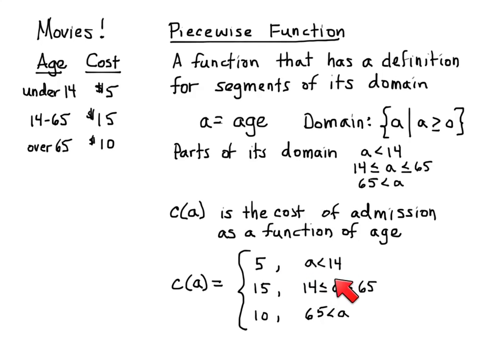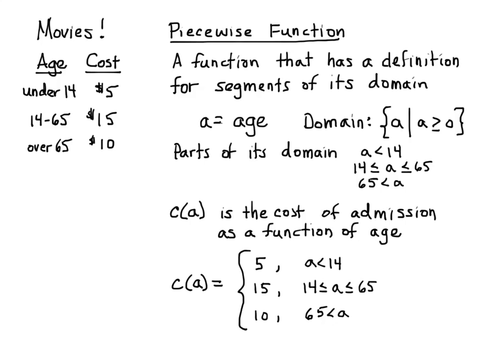But in order to look up the price, you do just the same thing as you do when you go up to the window. You see, okay, what's my age? What's the cost? So math being unnecessarily complicated, they do things backwards, right? Where you put the rule for the domain as the second part, and you actually have the function as this part that's closer to the C at A part.